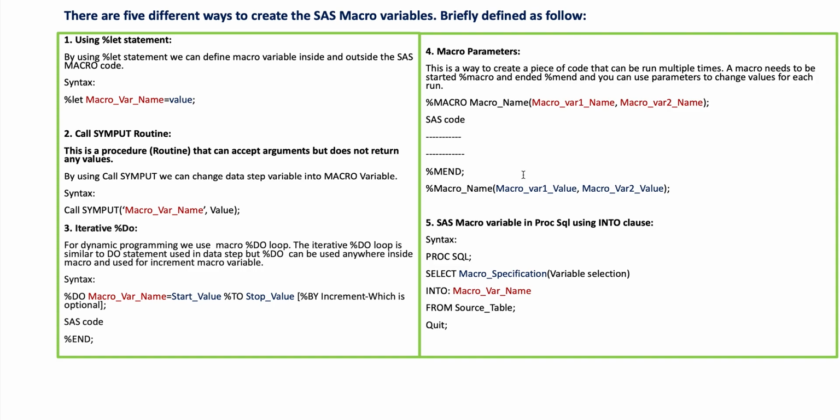And the fifth one is creating a SAS macro variable in proc SQL using the into clause. In this method, we can create a SAS macro variable using the proc SQL procedure.